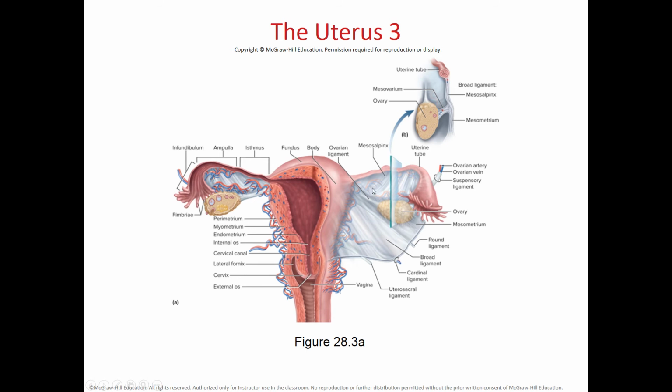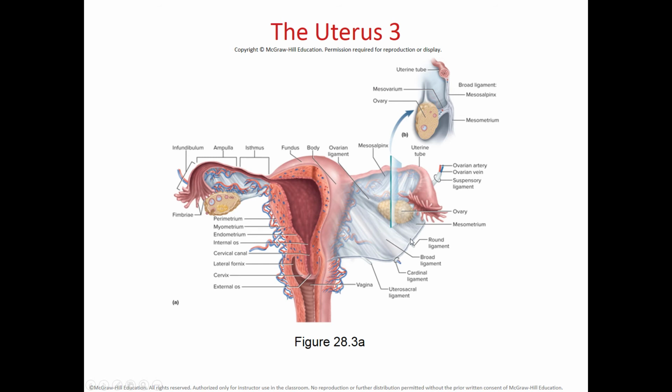The uterus is also protected by the broad ligament, and we have several ligaments and structures that run within the broad ligament.